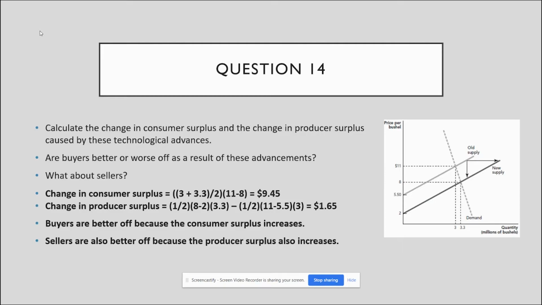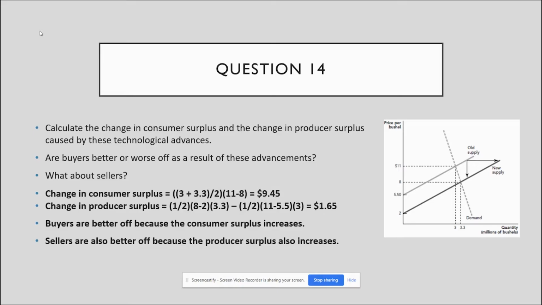Question 14 asks to calculate the change in consumer surplus and the change in producer surplus caused by technological advances. And it asks, are buyers better or worse off, and are sellers better or worse off? So to calculate the change in consumer surplus, that is the area of the graph that is below the demand curve and above the price.